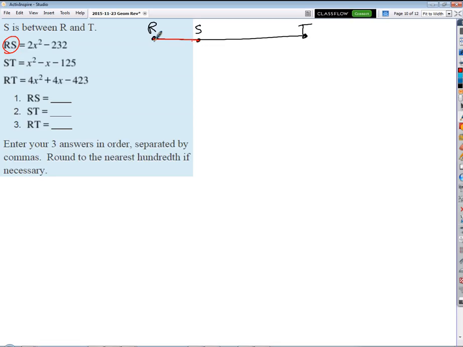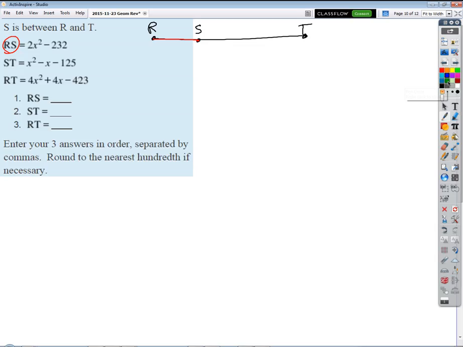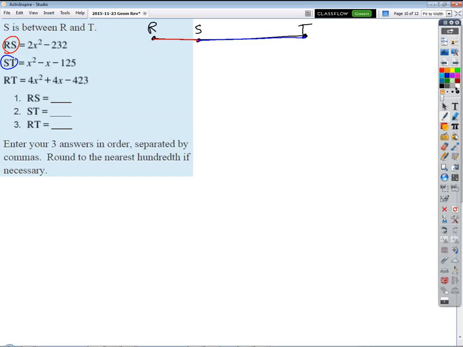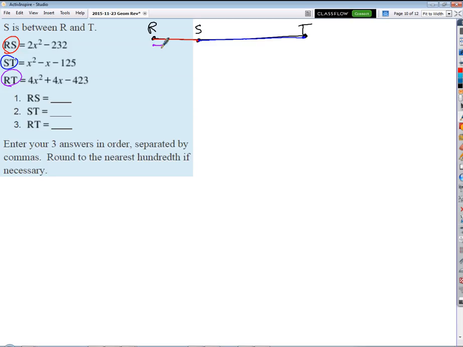There it is, right there. No big deal. What about ST? That's the length of this segment, right? And then RT would just be that distance, wouldn't it? It's the length of the whole thing. See what that did there? Red and blue makes purple. That's okay.